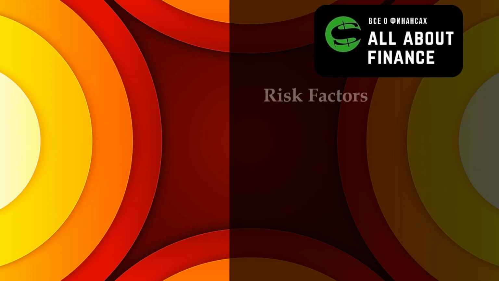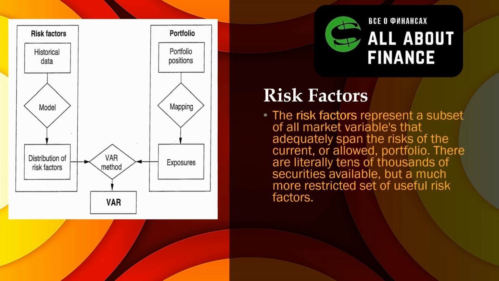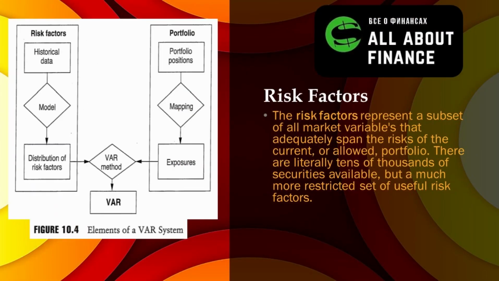Next, risk factors. The risk factors represent a subset of all market variables that adequately span the risk of the current or allowed portfolio. There are literally tens of thousands of securities available, but a much more restricted set of useful risk factors. So, the VAR method divides into two types: the risk factors and the portfolio.